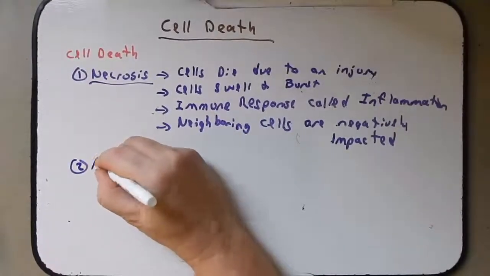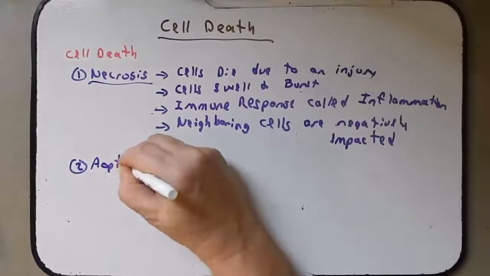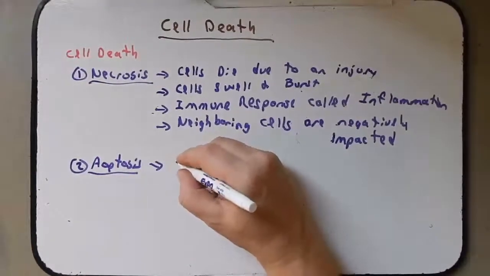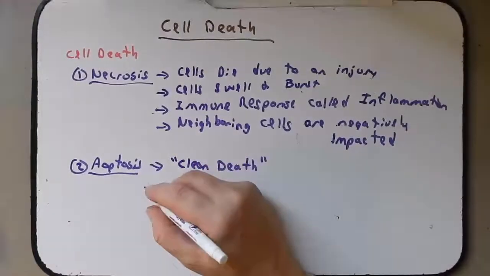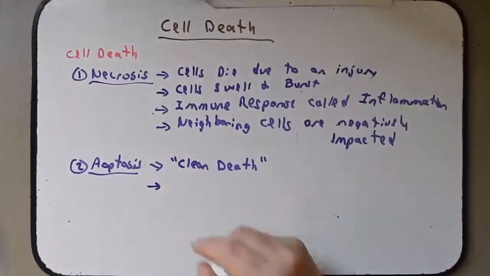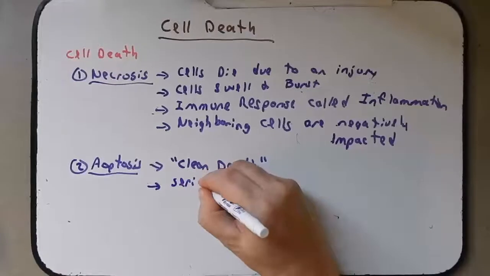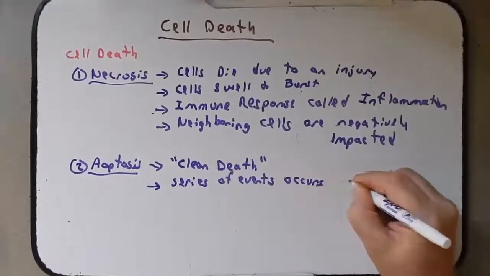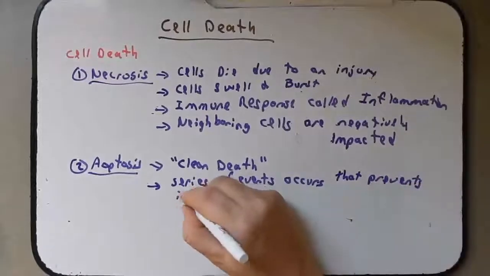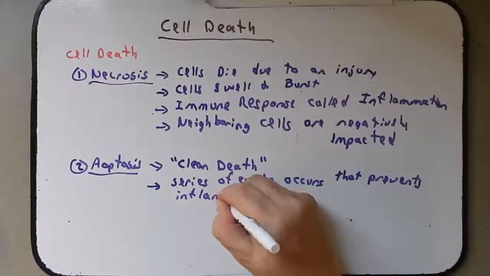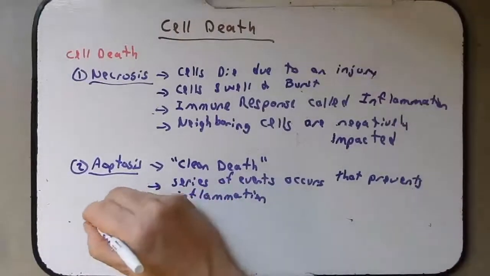Another kind of cell death, something that's often called programmed cell death, but we're going to use the special term apoptosis. Apoptosis is often called a clean death. During apoptosis, a series of events occurs that prevents inflammation and damage to neighboring cells. These events include the following.